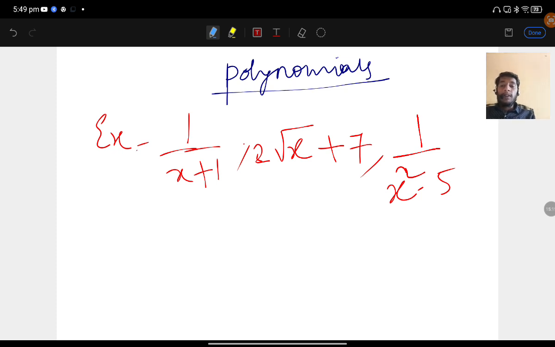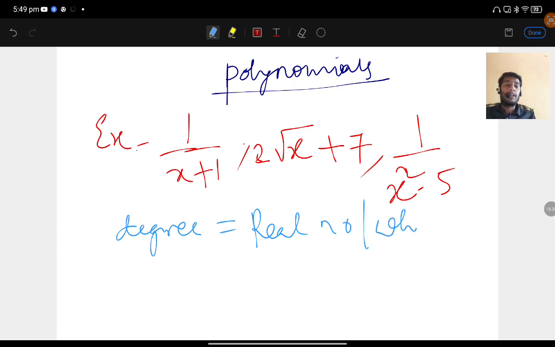the degree will be real numbers itself, or we can also say whole numbers. Here it is in the form of denominator, 1 by x plus 1. So here the denominator comes as x plus 1 whole to the power minus 1.